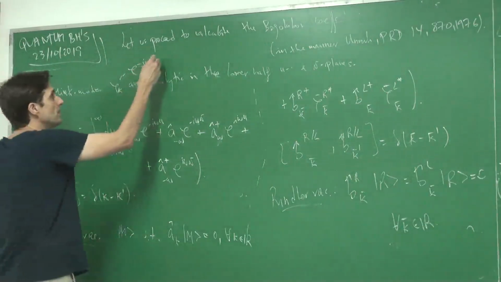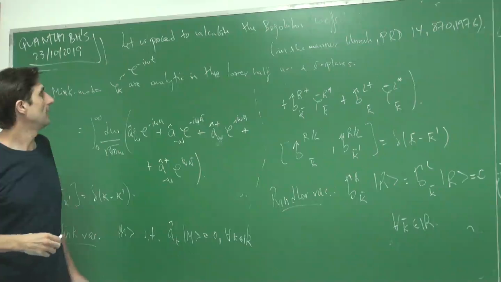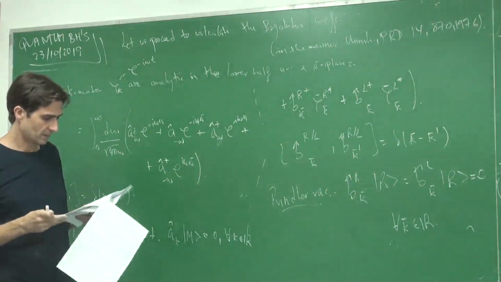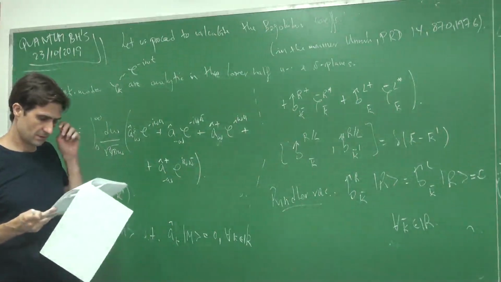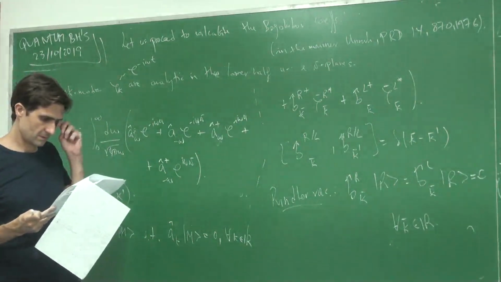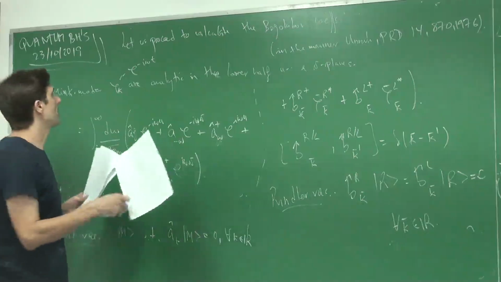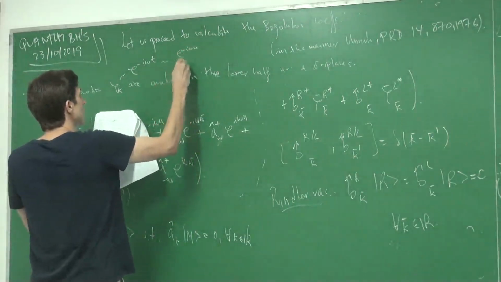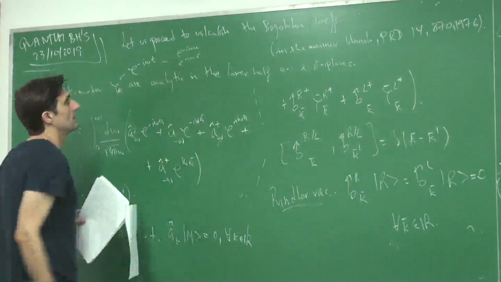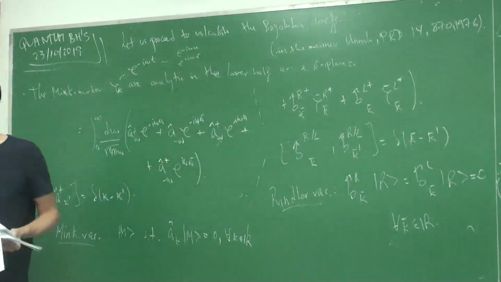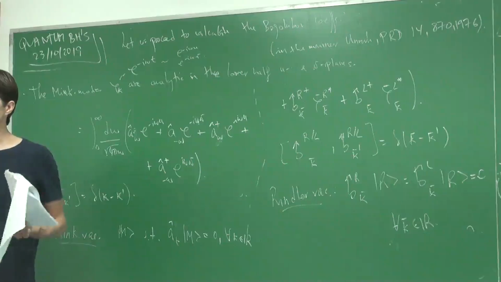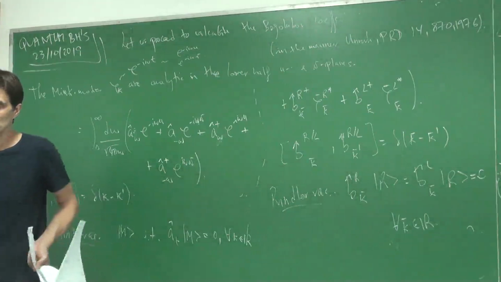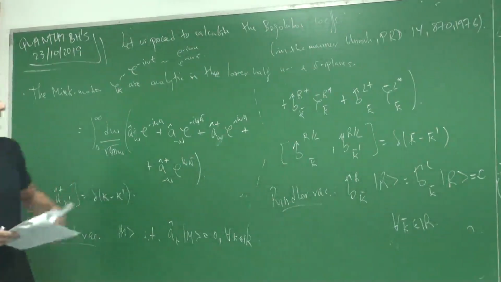So remember we had exponential of minus i omega u, exponential of minus i omega v. When I say U plane and V plane, I'm talking about complex: we're complexifying U and V, you just let them be complex.